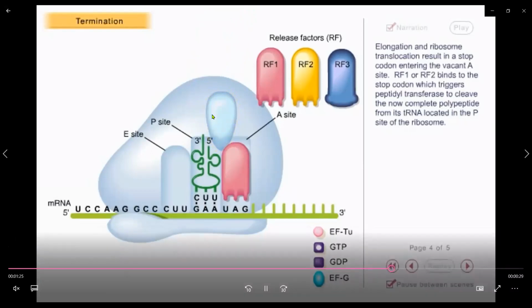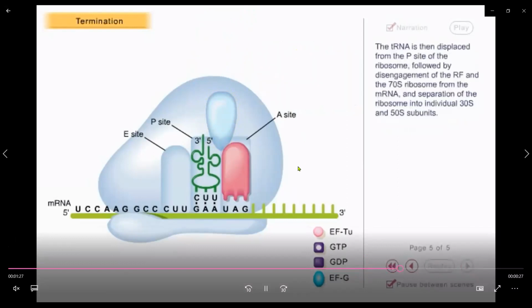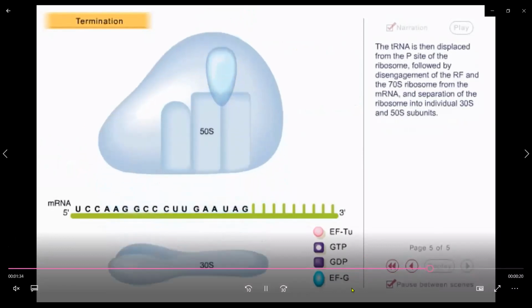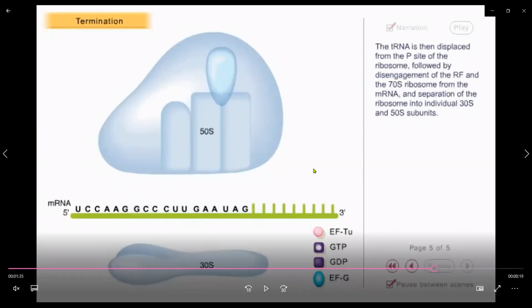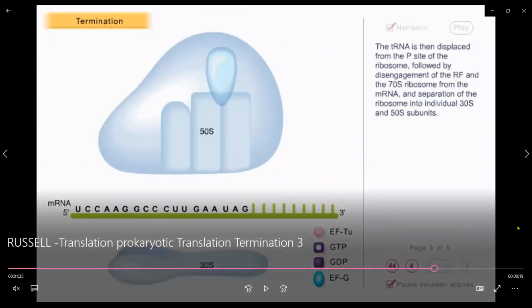So the polypeptide has left. Now the tRNA is then displaced from the P site, followed by the disengagement of the release factors. And finally, as you can see, the 30S and the 50S subunits open up from the mRNA. So this is the termination of translation.